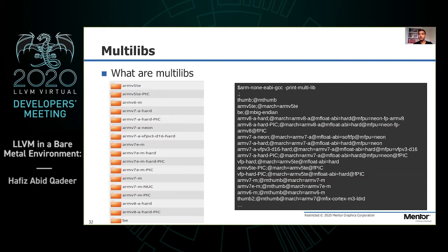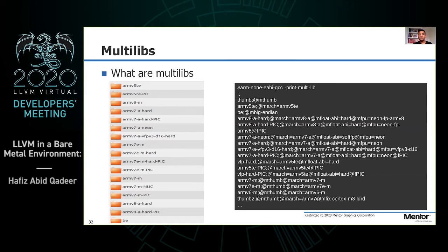You build your runtimes for all those different configurations and put them in specific directories. And then later the compiler can find those runtimes from those directories based on the compilation options it was given.